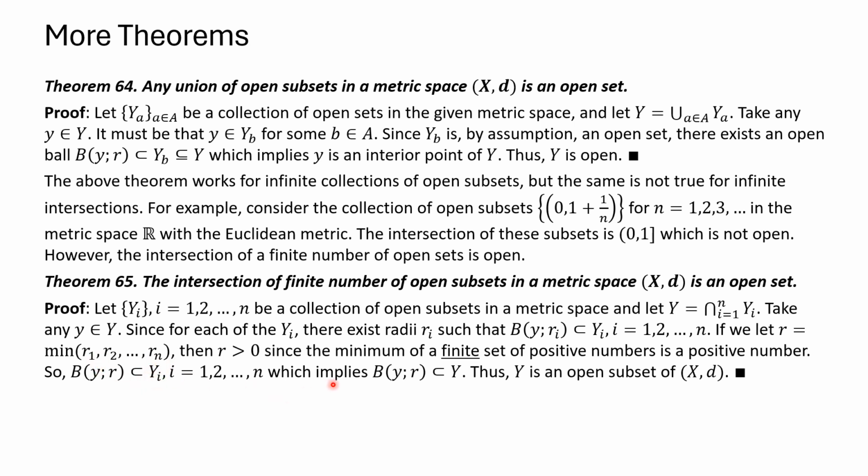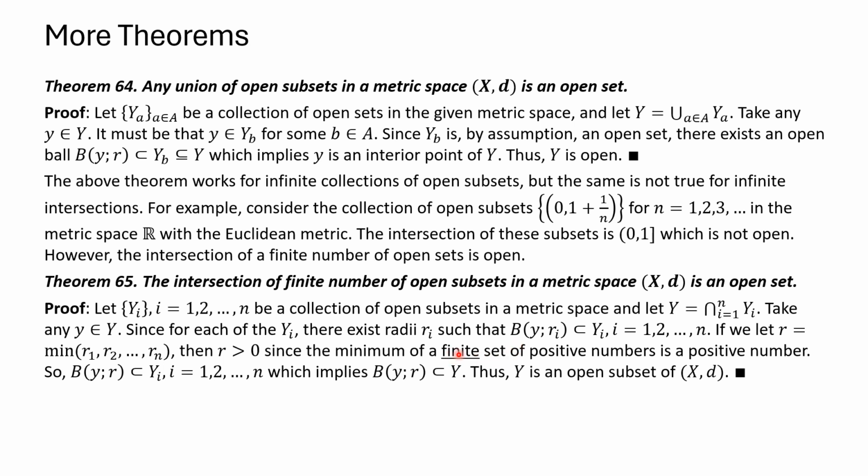But that implies that the open ball centered at y with radius r is in Y, since Y is the intersection of all these, and thus Y is an open set in this metric space X.